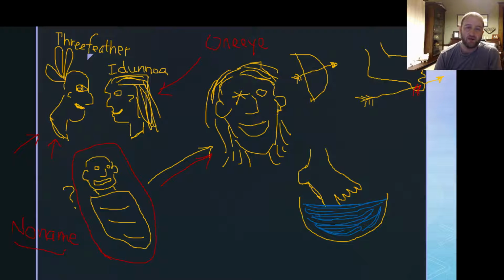Well, as you can imagine, having only one eye kind of means that you're not very accurate with the old bow and arrow. So as they're out hunting, One Eye finds a buffalo. He eyes it up. He stretches out his bow. He fires, and unfortunately, the arrow went right through old No Name's big toe. You can see, it went right through. It's all bloody and everything.